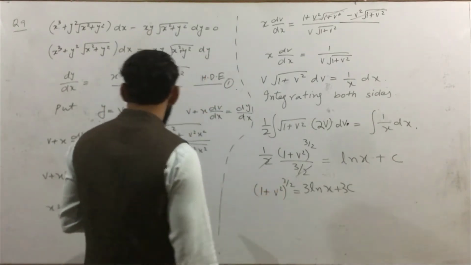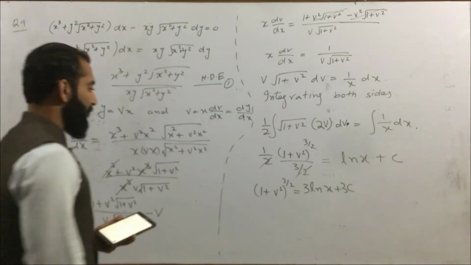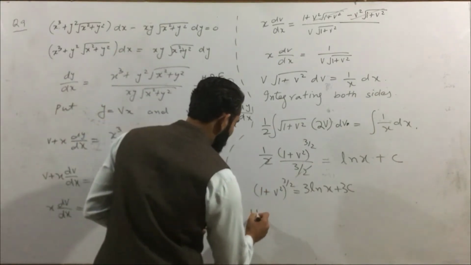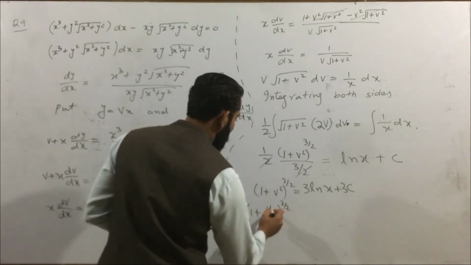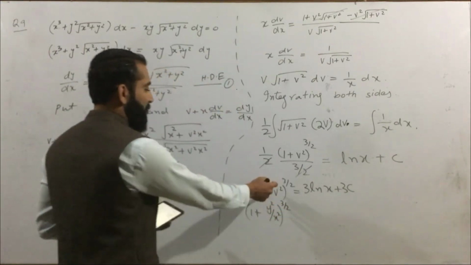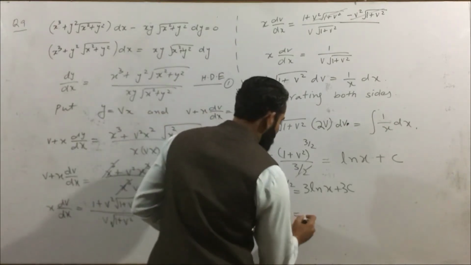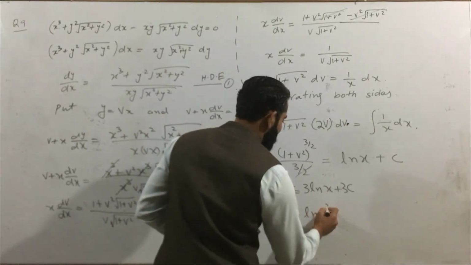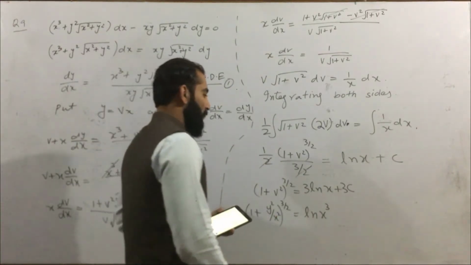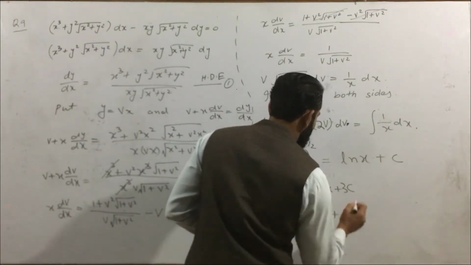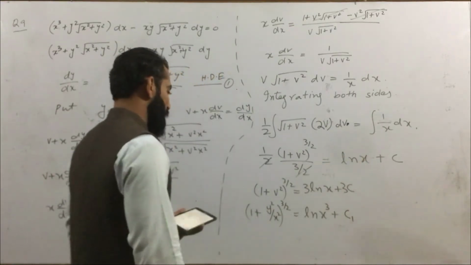Giving back the value of v, which is y over x, in this equation: 1 plus y square over x square, because we have v square, the whole raised to power 3 over 2 is equal to natural log of x cube, by applying the property of natural log, plus c1. 3c is equal to c1.